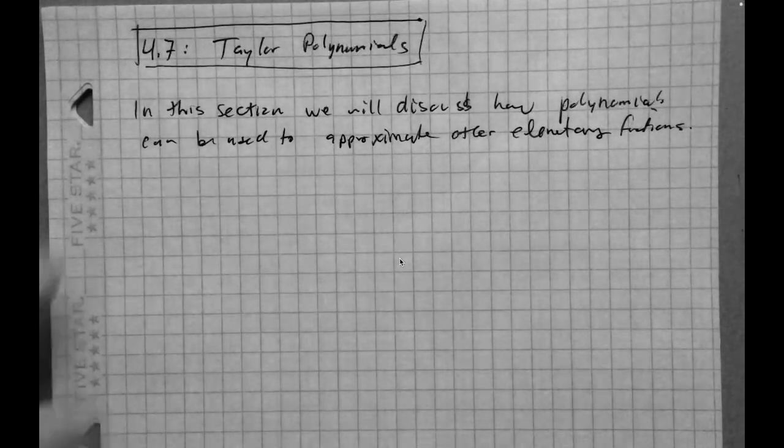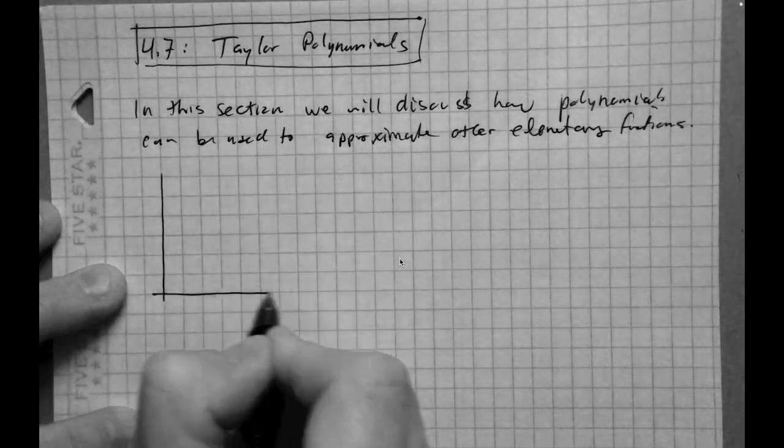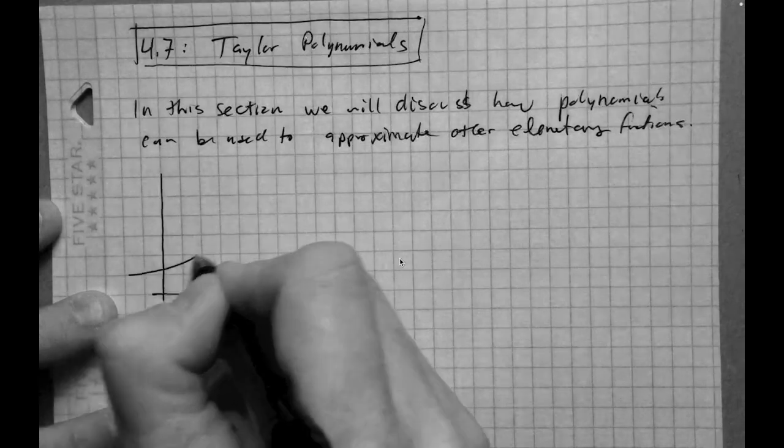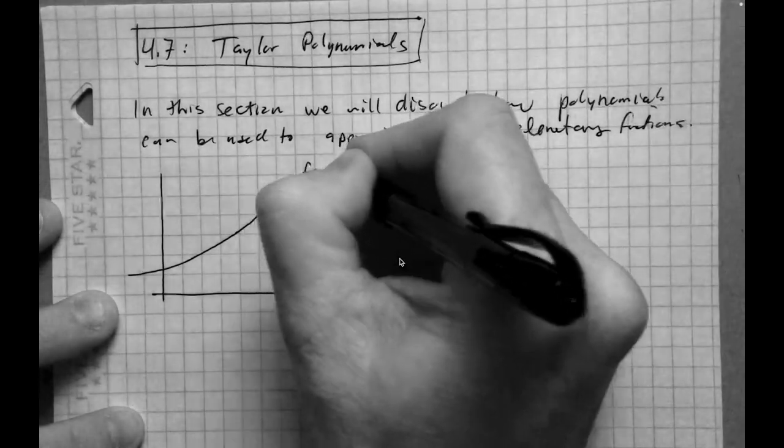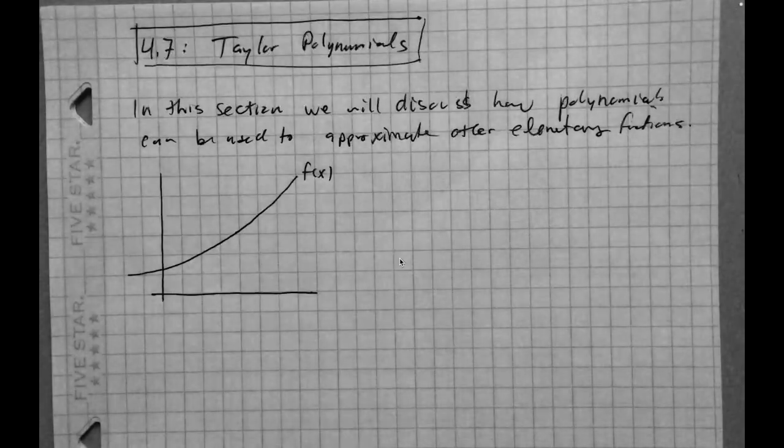So the idea here is, let's draw a picture. Maybe I have some function f of x, and I want to be able to identify a polynomial that approximates f.